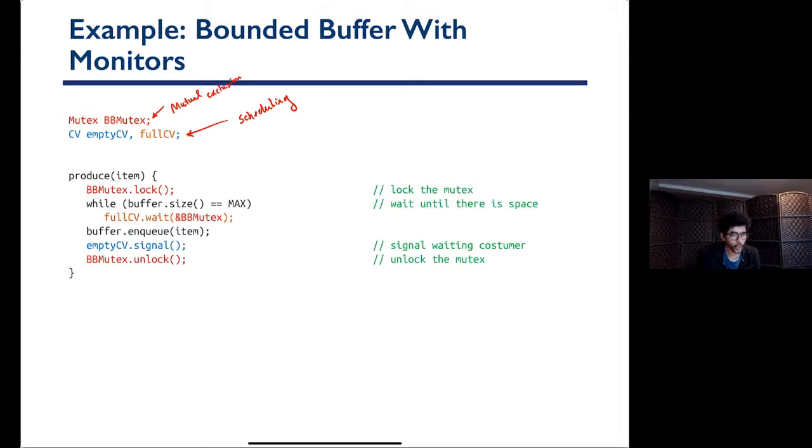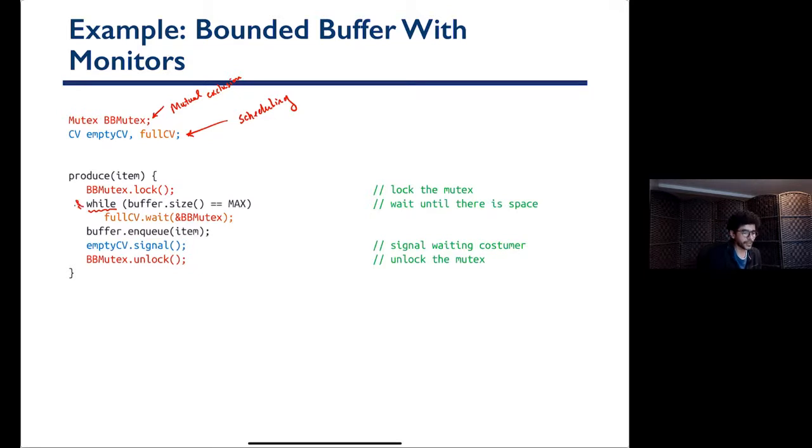Now let's look at the code for the producer. At the beginning and the end, we lock the mutex to have mutual exclusion. Then in a while, and this one is very important. I just looked over your lecture notes from ECE 252, and I think there you were told to use if.